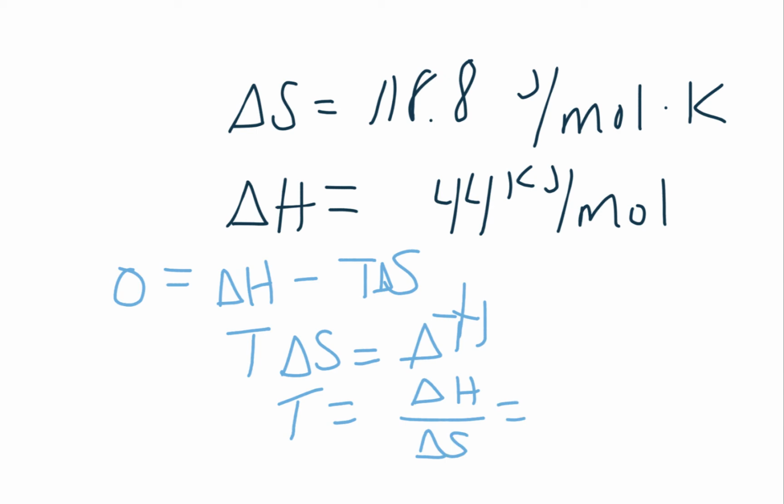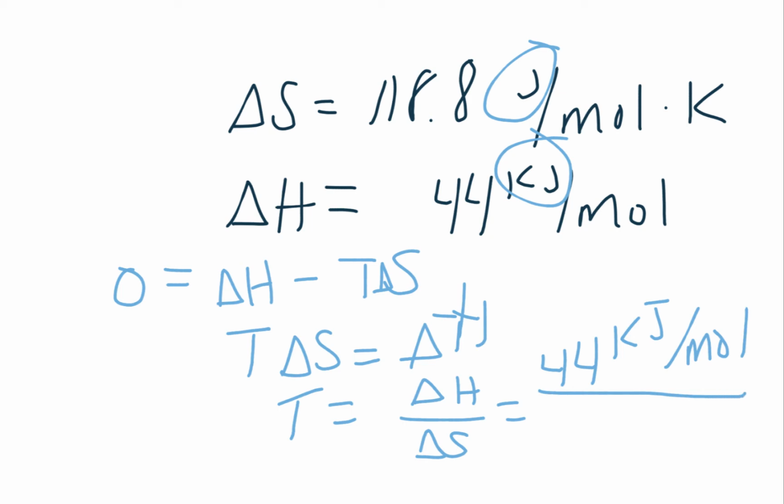The only trick here is noticing that these are in different units. So we want to convert one to kilojoules or the other one to joules. It doesn't matter. So if we have 44 kilojoules per mole for the enthalpy, then we have 0.1188 kilojoules per mole Kelvin. The kilojoules cancel, the moles cancel, and we're left with 1 over 1 over Kelvin.